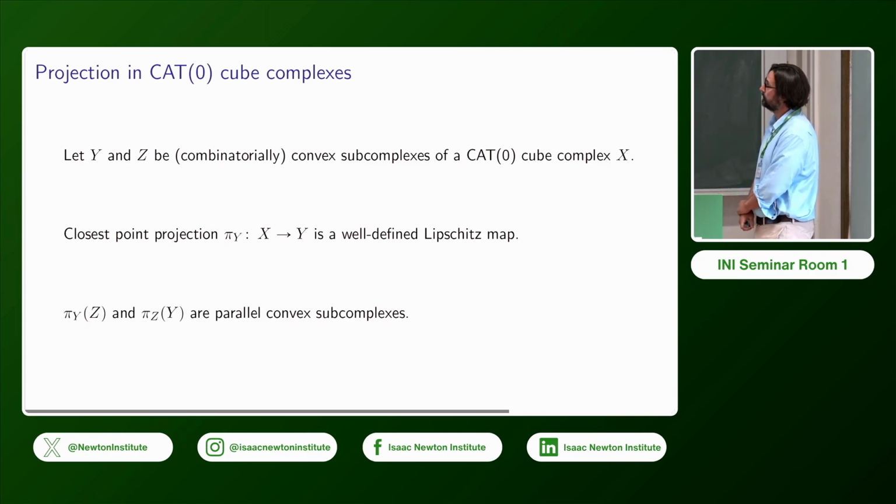And if I take two convex subcomplexes and project them to each other, the results on both sides are convex subcomplexes and they're parallel to each other. So there's a bridge lemma in this case that says there's a subcomplex that's a product, that realizes parallelism for these two subcomplexes.